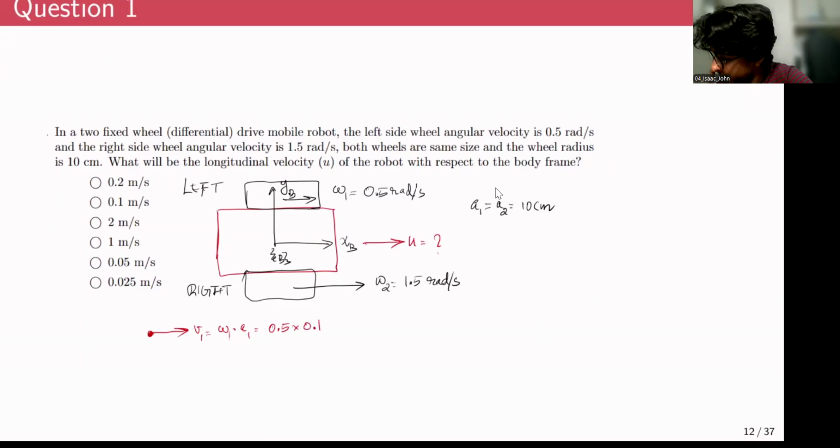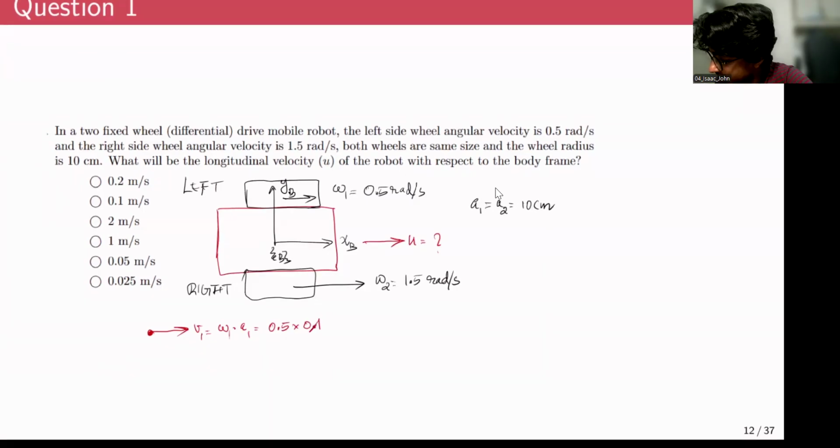Or if you consider it in centimeters itself, it will be 5 centimeters per second. And on the right hand side, you have a larger velocity v2. This is nothing but omega 2 multiplied by a2. This is 1.5 multiplied by 10. This is nothing but 15 centimeters per second.